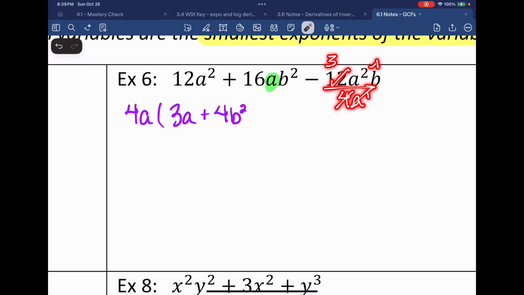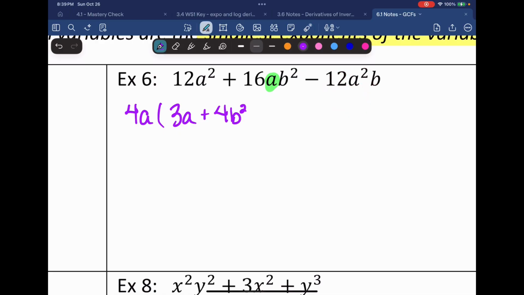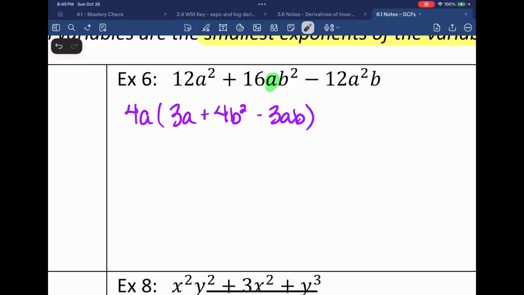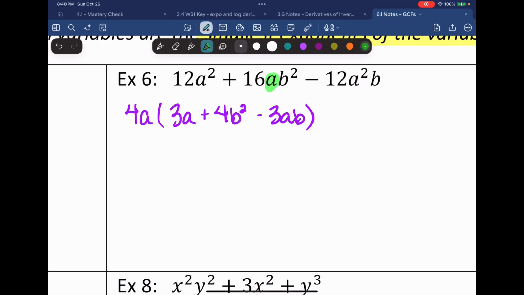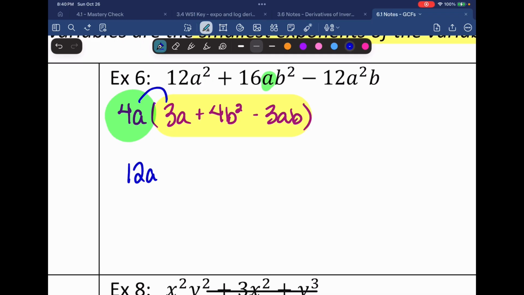So it'll be 3ab. So now that I factored it out, 4a and 3a plus 4b minus 3ab are factors of the original expression, because if I redistribute, 16ab squared, that's negative 12, and then a times a is a squared b. We end up with the original.